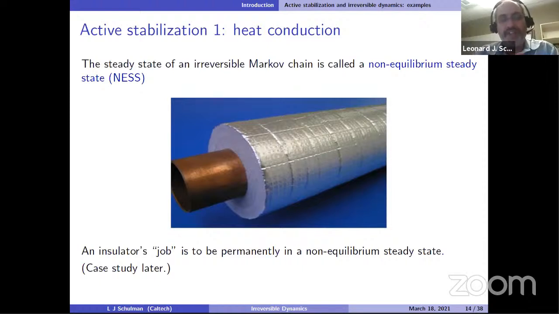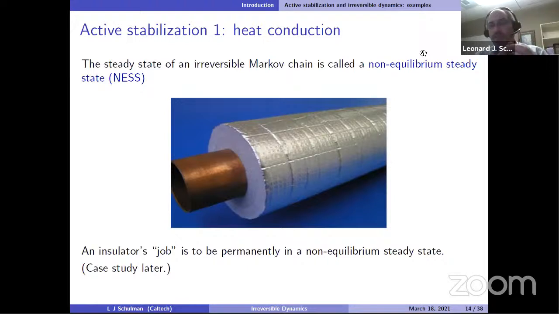Here's a picture of something designed to do that for its entire life cycle: an insulator. What's the job of an insulator? There's a hot water pipe running through the center and cold air around the outside, and the entire reason we manufacture these sleeves is so that for the next 30 years, that bit of insulator sits in a temperature gradient.